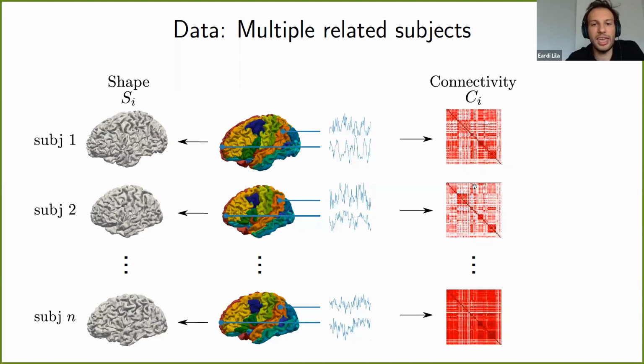And my aim here would really be, can we, from this set of 1,000 examples, and it will be 1,000 in our final analysis, learn something more general about the relationship between shape and connectivity of the brain? So the relation between structure of the brain and connectivity of the brain.